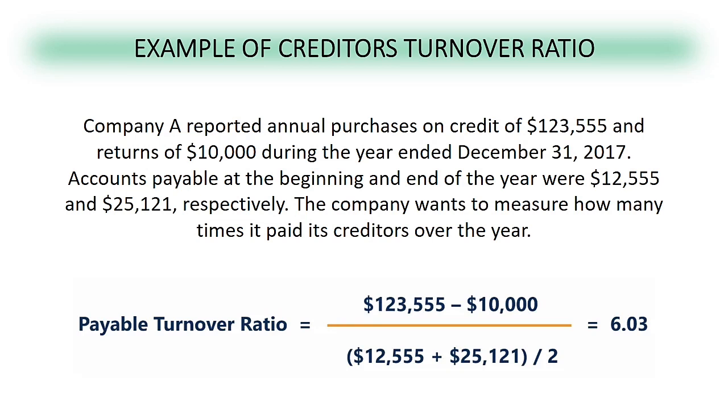Then the company wants to measure how many times it paid its creditor over the fiscal year. Therefore, over the fiscal year, the company's accounts payable turned over approximately 6.03 times during the year. The turnover ratio would likely be rounded off and simply stated as 6.